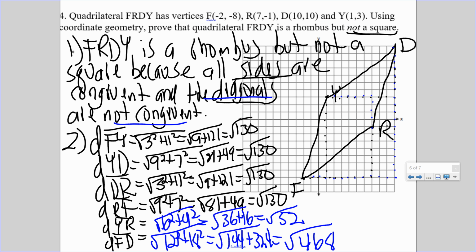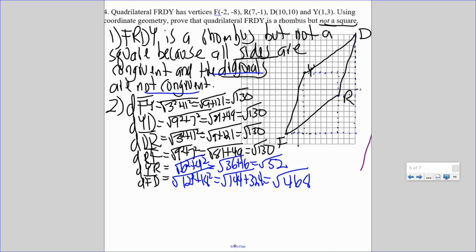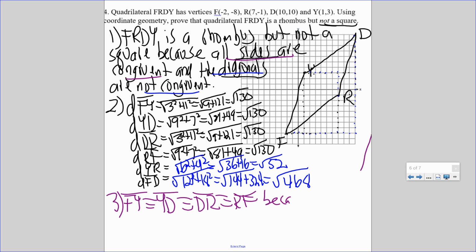I said in step 1 that it had all sides congruent. So FY is congruent to YD, is congruent to DR, is congruent to RF, because they have the same distance.